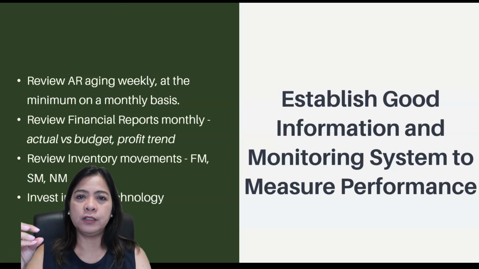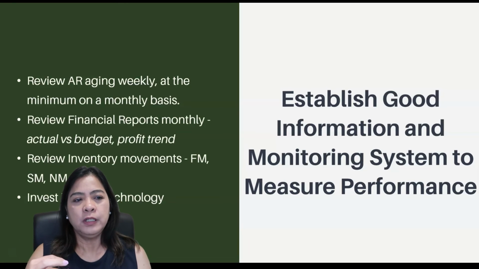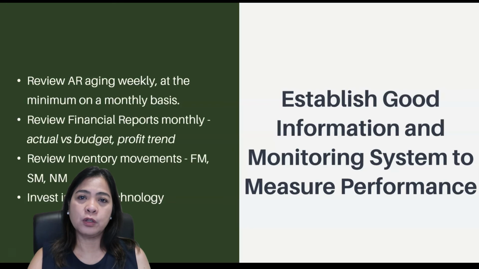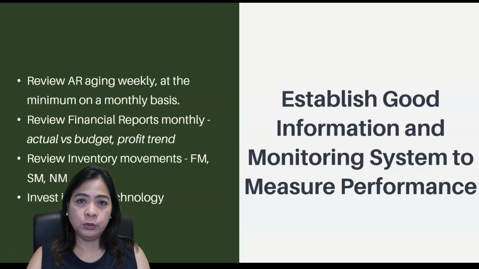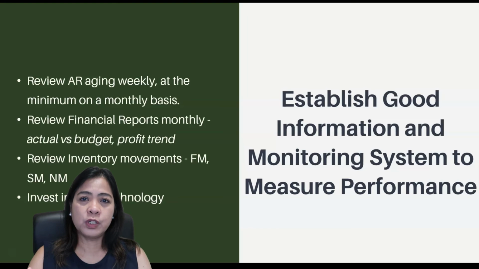On a monthly basis you track your performance and compare that with your objectives, and that will tell you if you're actually achieving them. And if you're not, then go back to the drawing board and see what else you can do to make sure that you achieve what you have set for your business for the year or for the next 5 years.